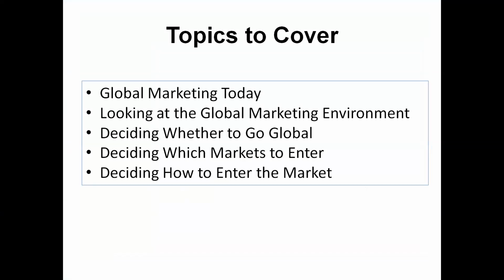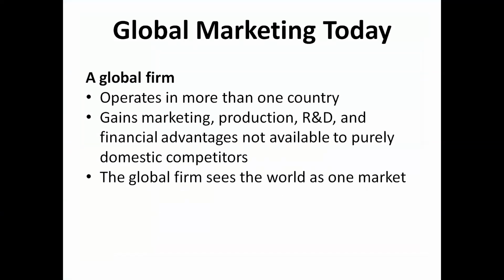So that's global marketing. It's all about whether to enter or not to enter and how to enter, which you need to decide. Now, for a global firm, there are two things you must remember: they should do the marketing, production and R&D. Alibaba, which you just presented, sees the world as one market.